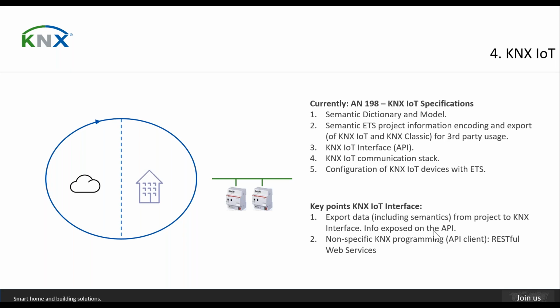And this is very important to make the information findable from the IT side of the development. And this information is put together with the KNX project information in the KNX IoT interface, which offers this API.